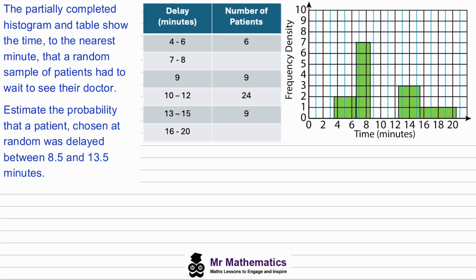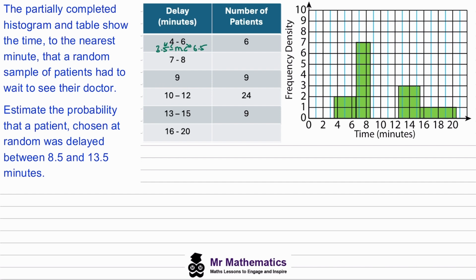So for instance, this 4, we're looking at the lower bound of 3.5, and this 6, we're looking at the upper bound of 6.5. And we'll say m is for minutes. So you can see that these 6 patients go from 3.5 to 6.5. Like I say, this is because the minutes have been rounded.